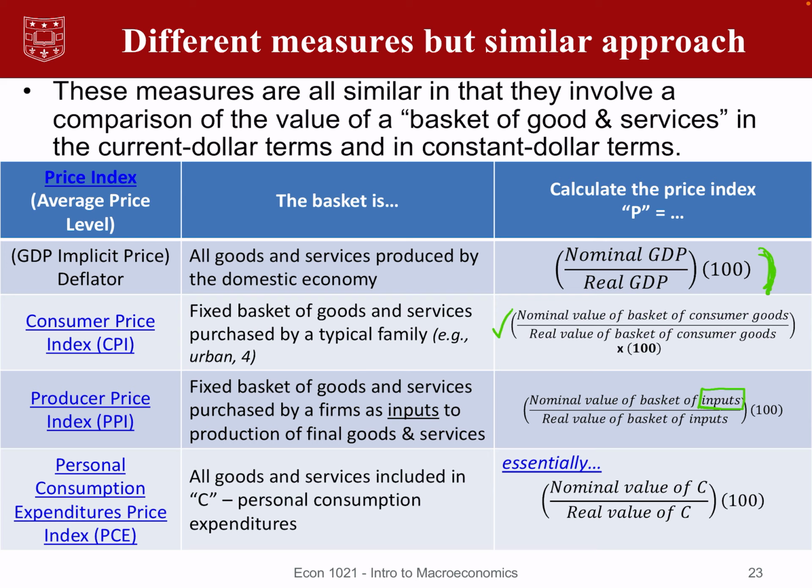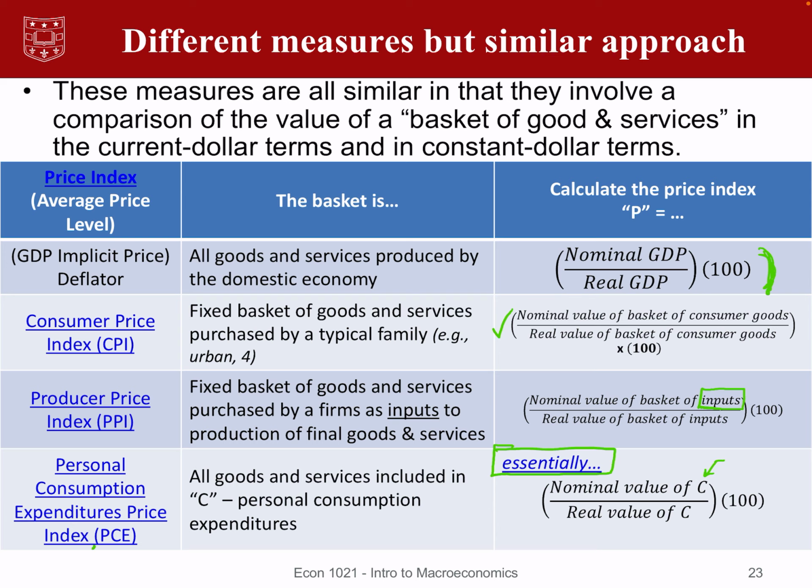For the personal consumption expenditures price index, it is not exactly what I'm describing here, but essentially we're looking at the nominal value of C as we defined it in our gross domestic product discussion, so personal consumption expenditures. We calculate that in nominal terms and in real terms, and that gives us a measure of the price index, dividing nominal by real.